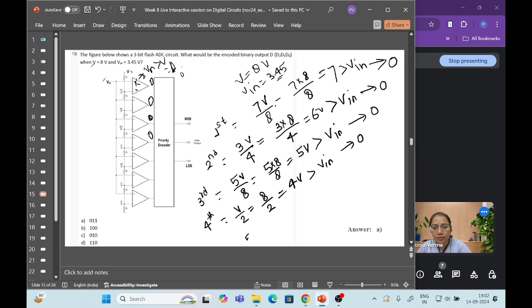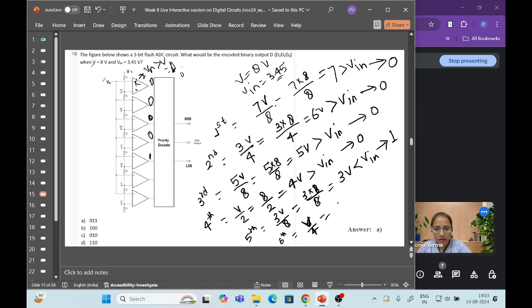Now check for the fifth one, that is 3V by 8. So 3 into 8 divided by 8, that is 3 volt. Here 3 volt is less than V in, because it is 3.45. So the positive input is greater than the negative, so it will generate output 1. Now check for the sixth one, V by 4.